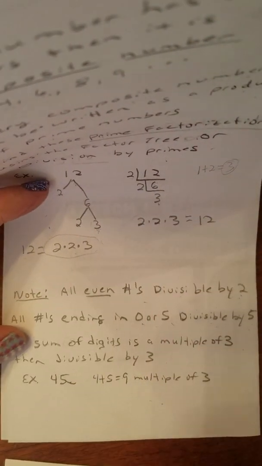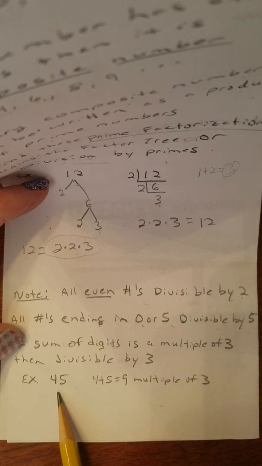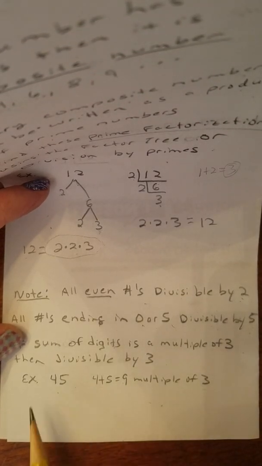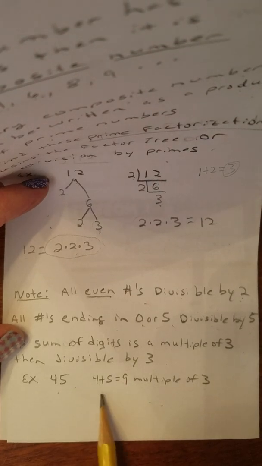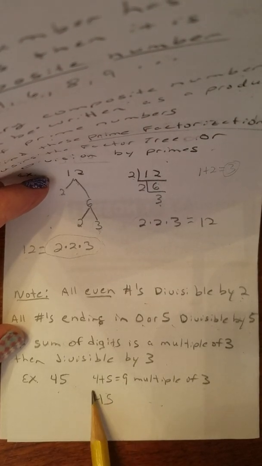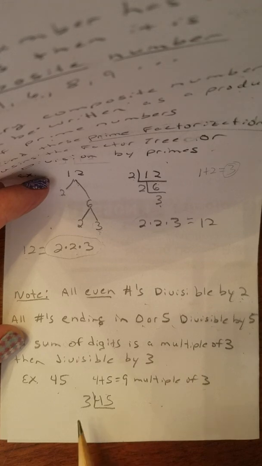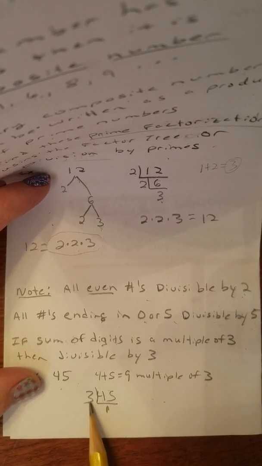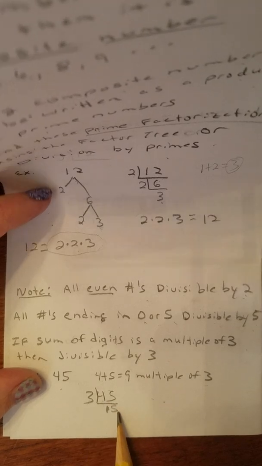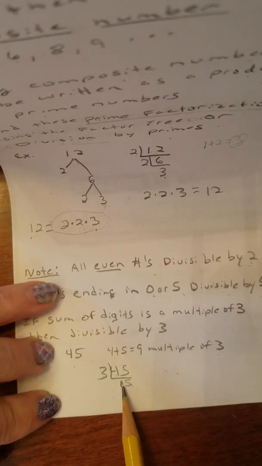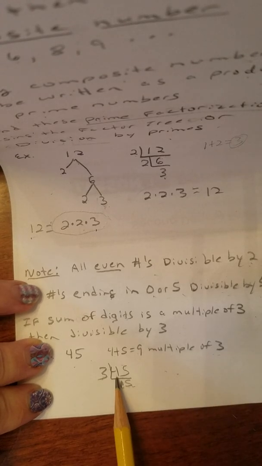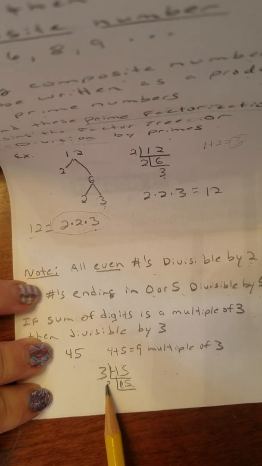Here would be another example. 45. Well, if we add 4 plus 5, we get 9. 9 is a multiple of 3. So what that tells me is that 45 is divisible by 3. And I can test that. 3 goes into 4 1 times. We get 15. So 3 times 15. Notice if we add the 1 and the 5, we get 6. 6 is a multiple of 3, so I know I can take 3 into that again.